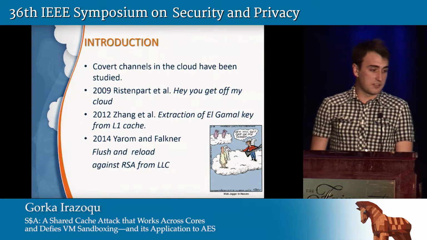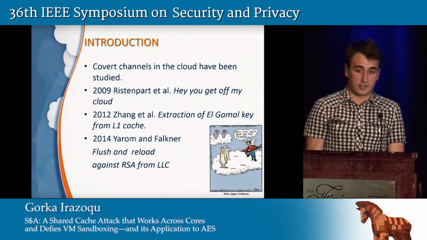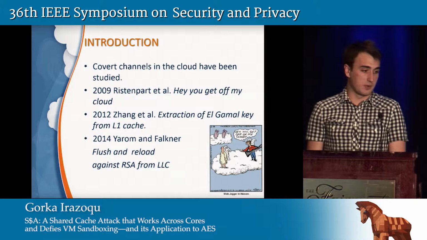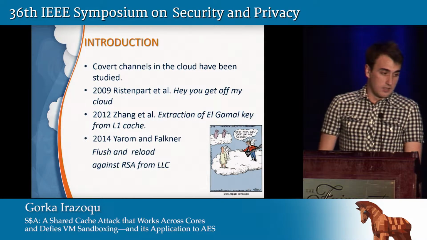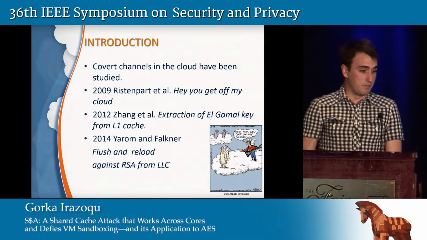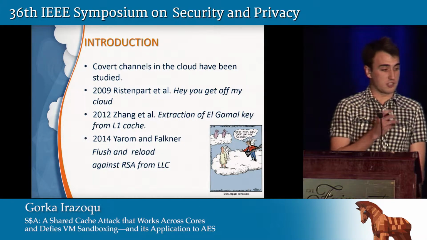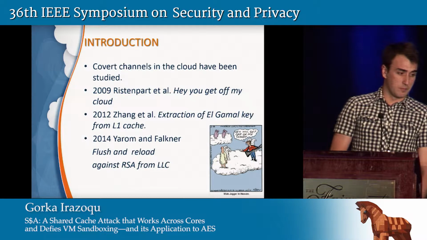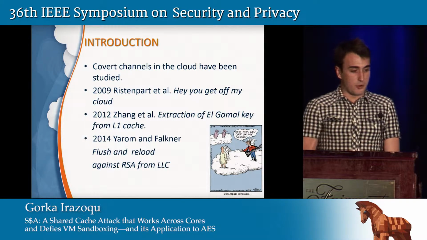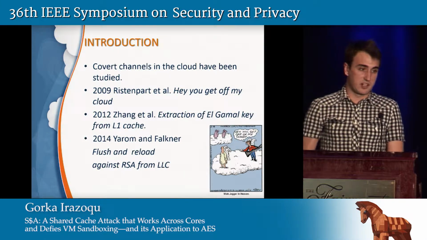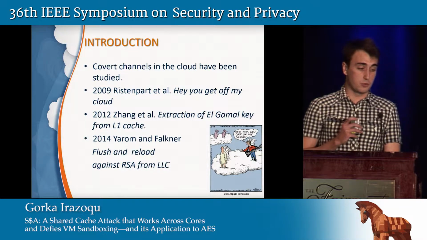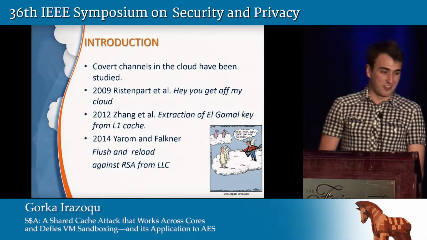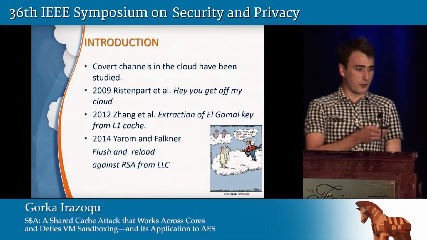Then in 2012, Zhang et al. were able to extract ElGamal decryption keys from level 1 caches in virtualized environments, and in 2014, Yarom and Falkner used the Flush and Reload side channel technique to recover RSA keys from collocated VMs. But this is important because this attack was applied in the last level cache. This means that we don't need to be collocated in the same core anymore, but this attack can be applied from different cores. And this is important.